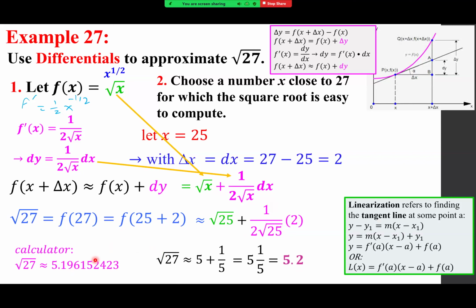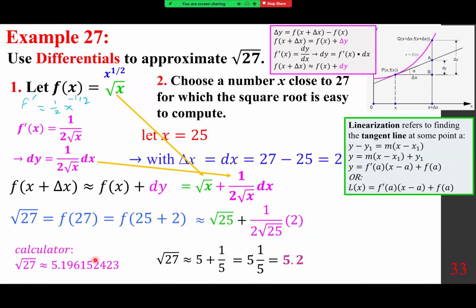Now, as you recall, linearization means finding the tangent line. So you don't have to memorize any of this formula. Just find the tangent line for this function at this point. The pair is 25 and 5. Plug 25 in, you get 5. The slope, remember, when you plug it into the derivative, becomes the slope. 25 into this gives you 1 over 10. So again, 25 and 5, m is 1 over 10.